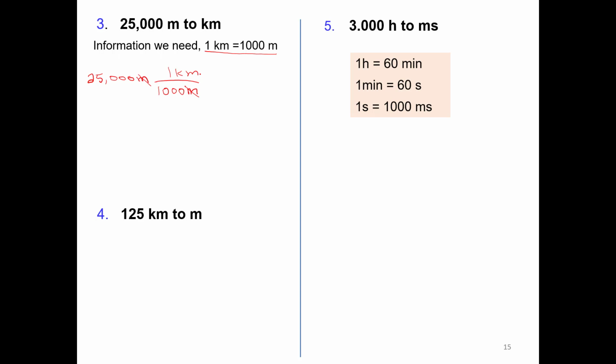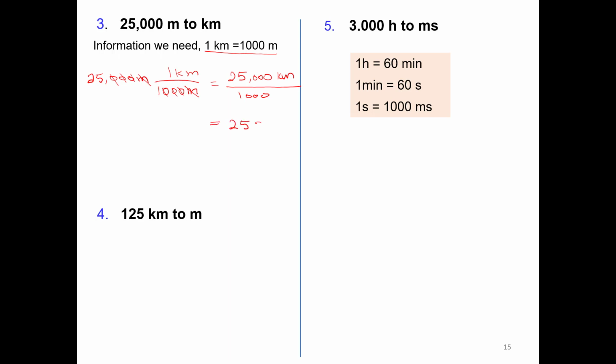Here with 25,000, you can use your calculator, but also you have 3 zeros in the denominator and 3 zeros here. We can cancel them out. Then the answer is 25 kilometers. But if you want, you can write 25,000 divided by 1,000, and you can use your calculator if you want.